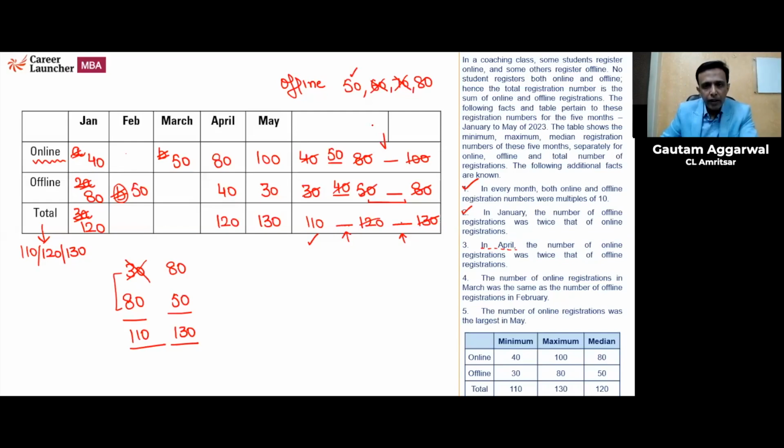That means this value now has to be between 80, 90 or 100 to maintain a median of 80. So this would have 3 options, either 80, 90 or 100. But the total could not cross 130. That means this 90 and 100 would also be negated. So this has to be 130. So this is 80 and 50. That makes total of 130.